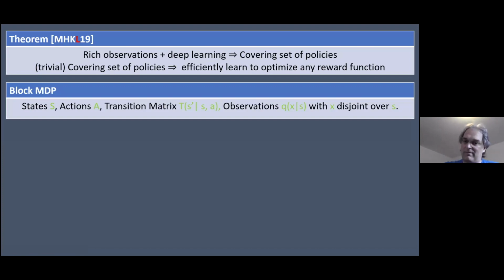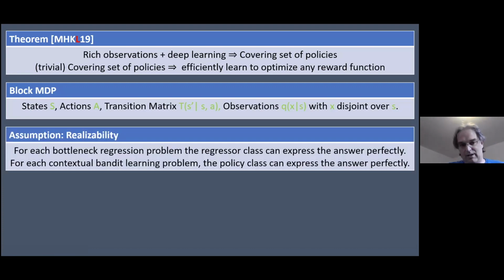Okay, so this is the key model that we're working in to prove things. And then we're also assuming realizability. So for every bottleneck regression problem, the regressor class can find the best answer across all possible functions. And when we're trying to learn these homing policies, each contextual bandit learning problem that we're creating can be solved essentially perfectly.